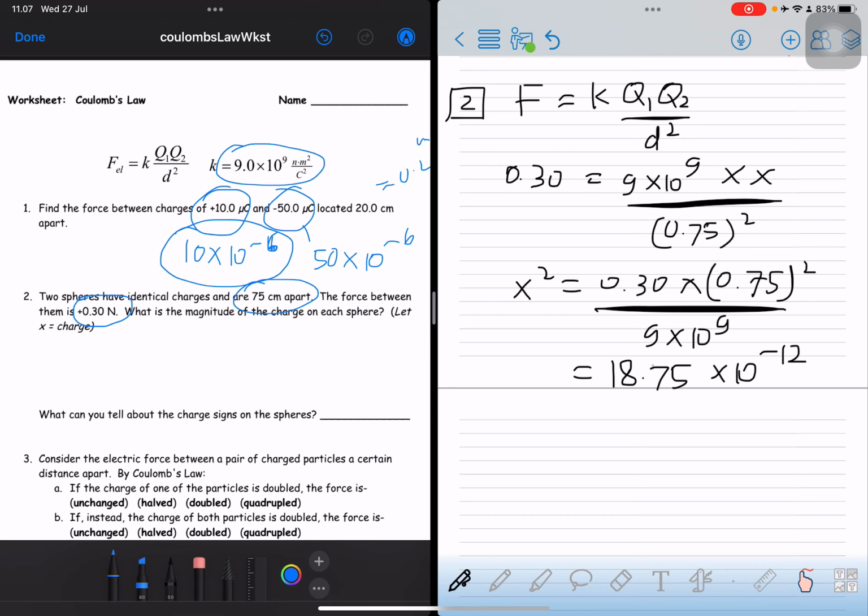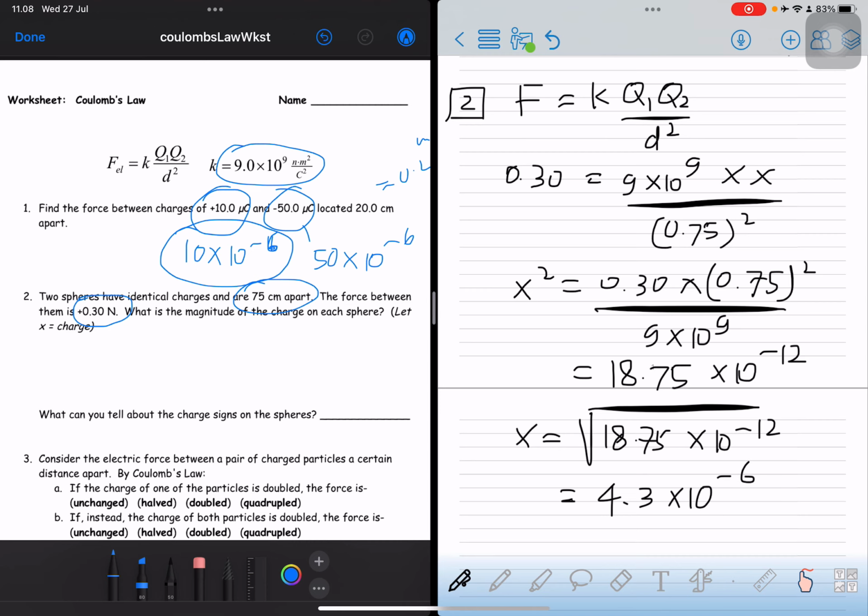Then we take the root: X is the root of 18.75 times 10 to the power negative 12, which equals about 4.33, or about 4.3 times 10 to the power negative 6 Coulomb.